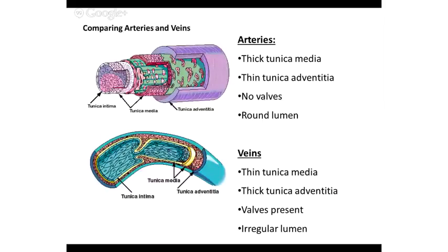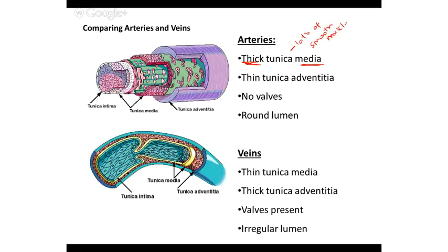So let's compare an artery to a vein. What is the difference between the two? Arteries are under a lot of pressure. These guys are receiving blood from the heart, so they're going to have really tough, thick walls. So they have a thick tunica media, which means they have lots of smooth muscle.